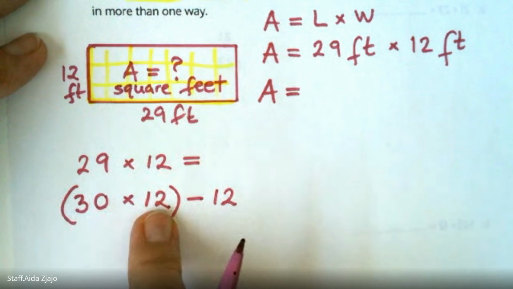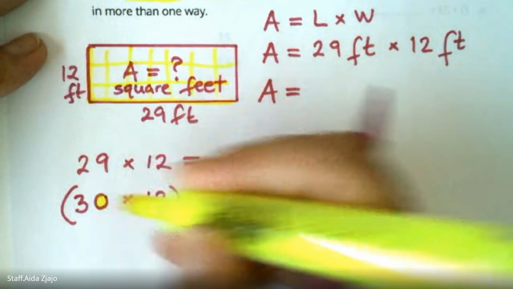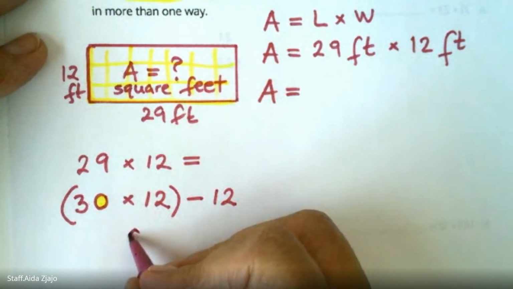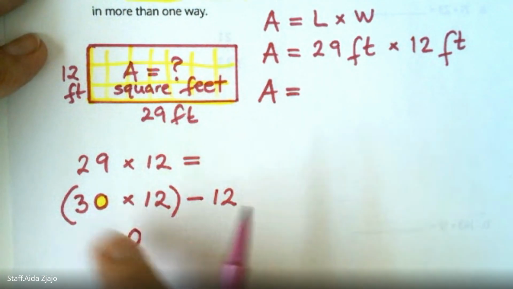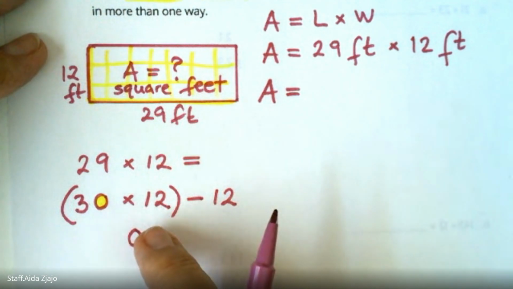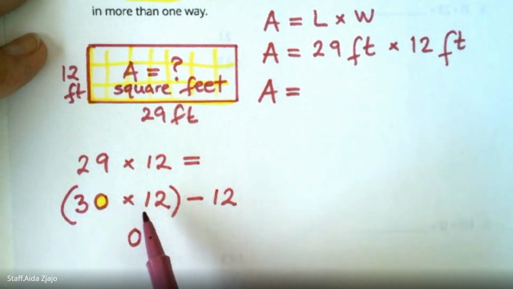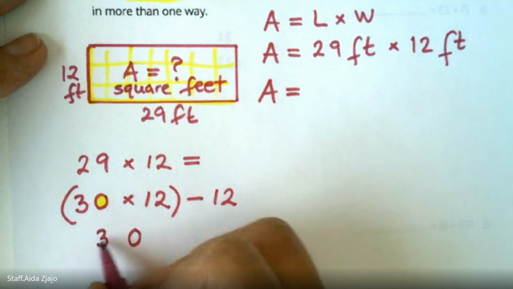So 30 times 12 is easy to find because you have a 0 that goes in your answer, that is times 10. And then 3 times 12, 12 plus 12 plus 12. You can think 3 times 10 is 30, 3 times 2 is 6, so that is 36.